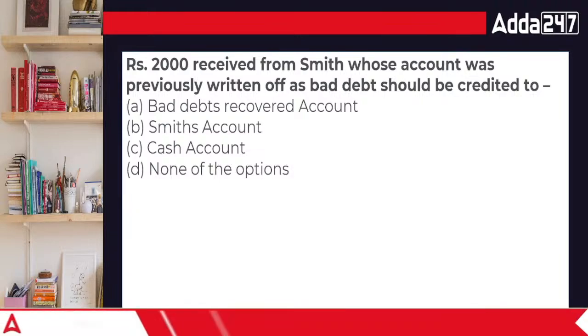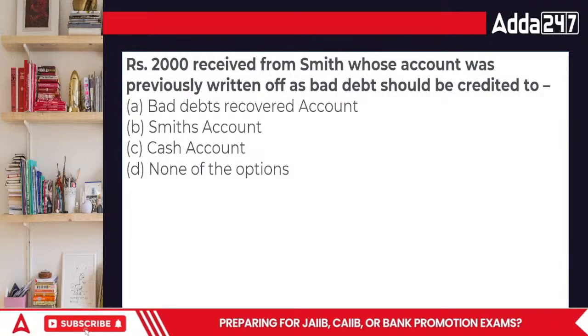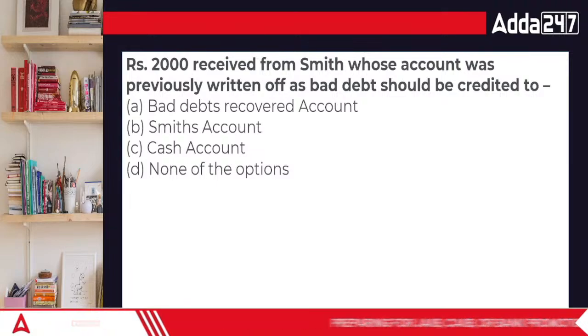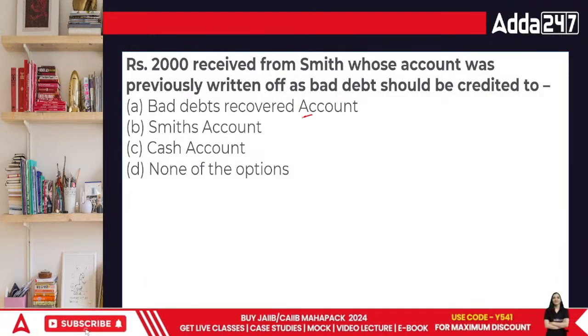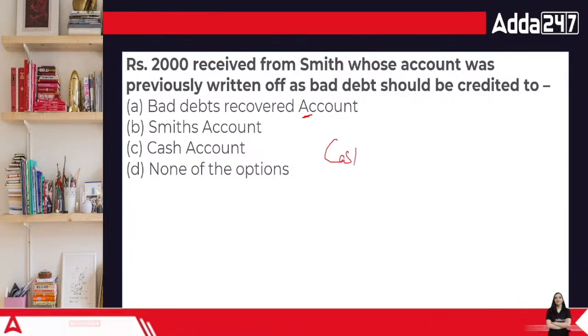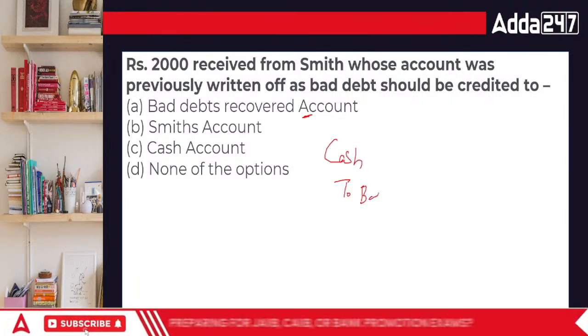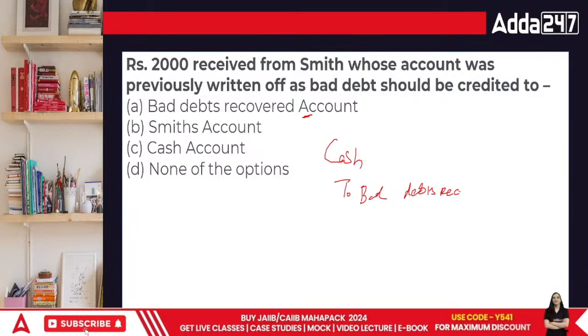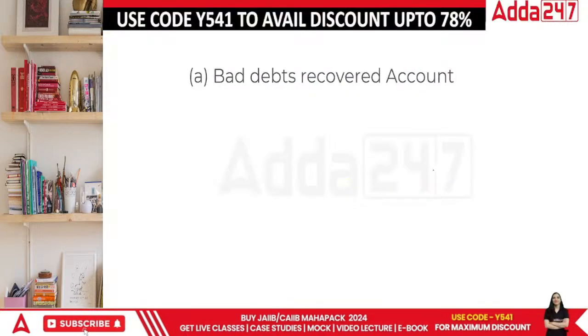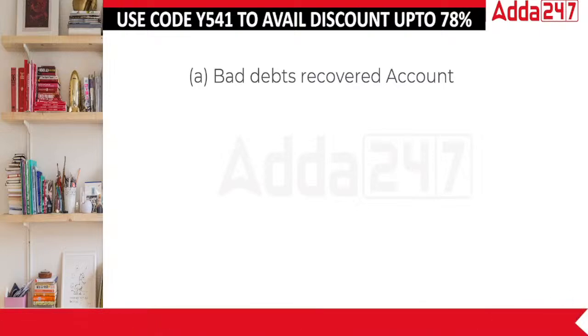Just a disclosure is required, nothing else. So if someone who was previously a debtor gives you money, it is cash to bad debts recovered. Done. It is cash to bad debts recovered.